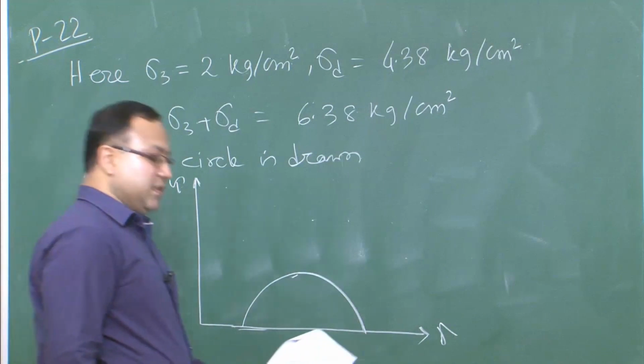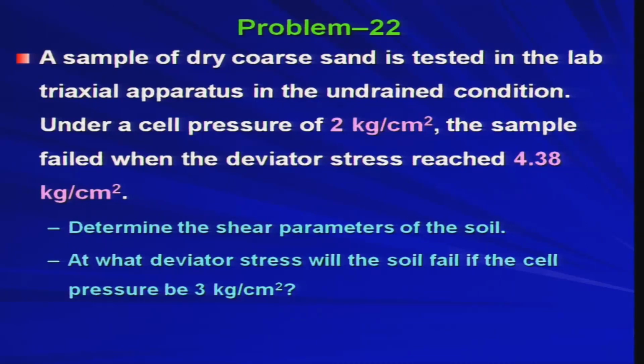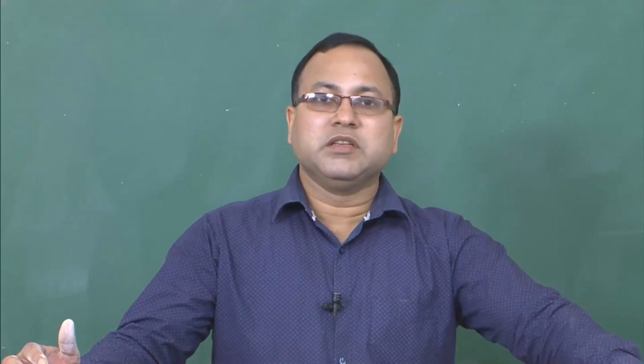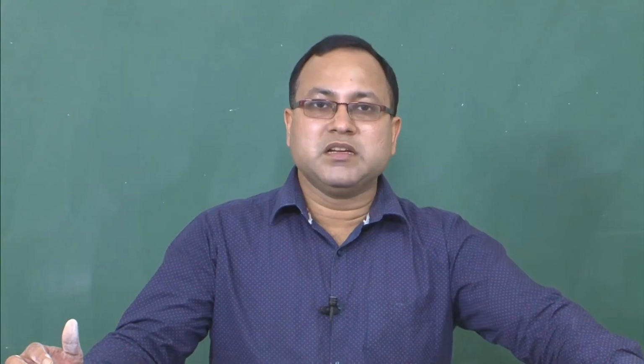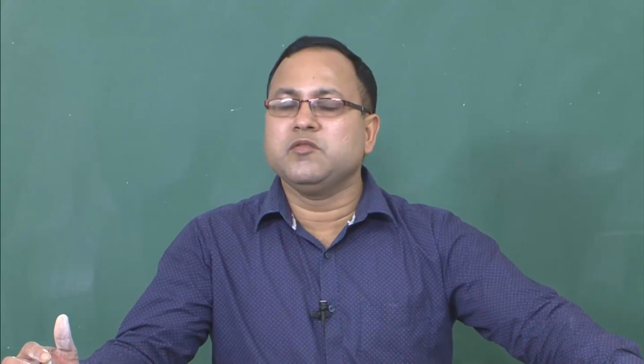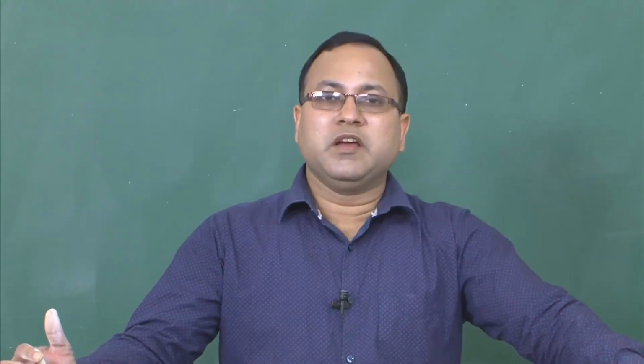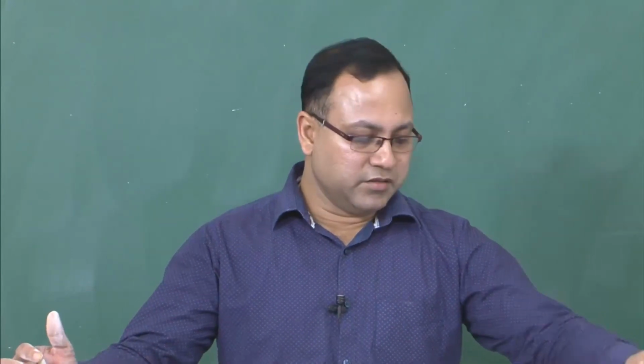Now, since the sample is made of dry coarse sand, as it is given in the problem, and since it is in the dry state, no apparent cohesion will be coming into the picture. So, you will be getting cohesion is 0. Therefore, the Coulomb failure envelope will pass through the origin, right. If C is 0, there will be no intercept on the tau axis.